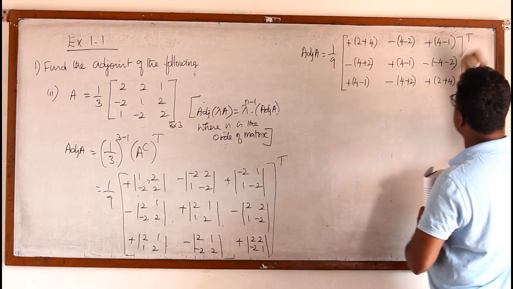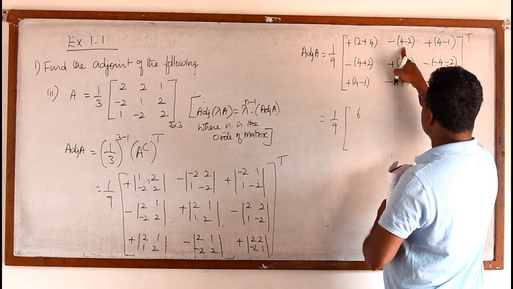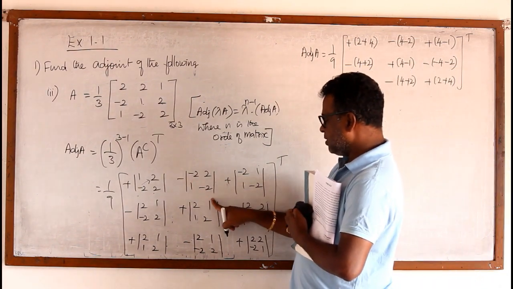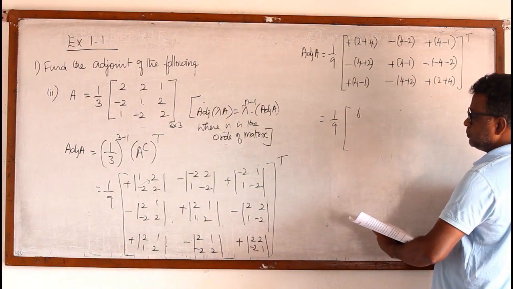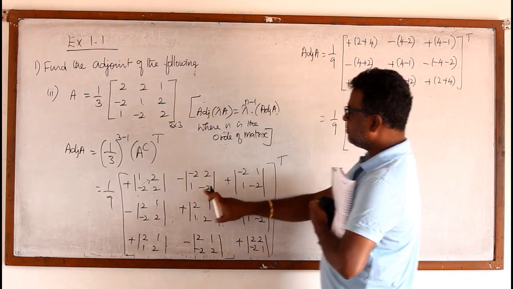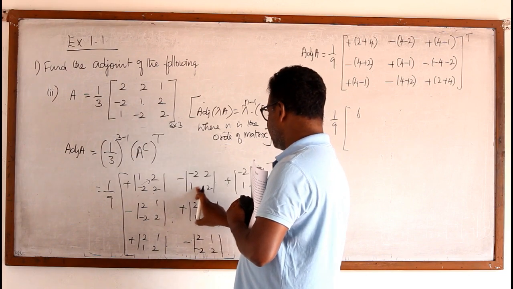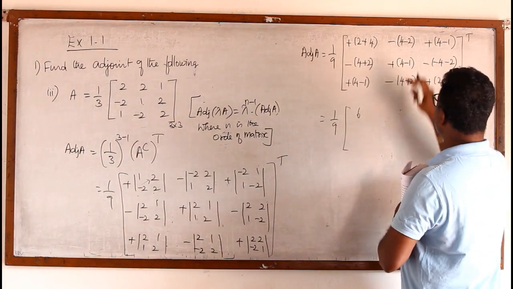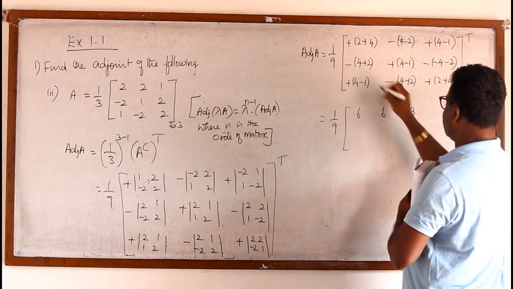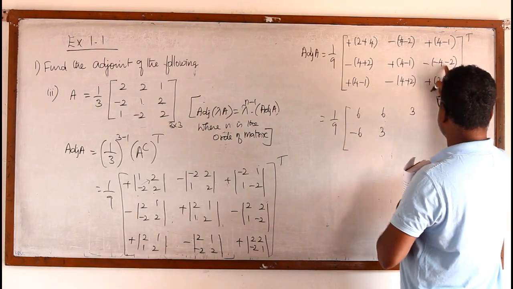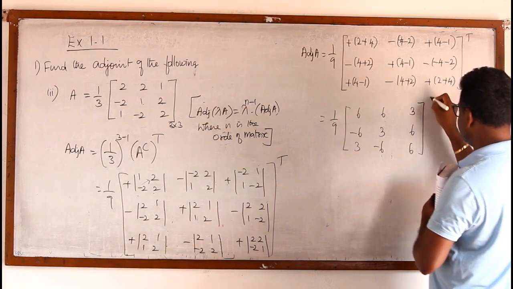The transpose. That is 1 by 9 into, it is plus 6, 4 minus 2. Check this error pattern. This one is minus 2, 2, 1, 2 only. So it is minus 4 minus 2, so minus 6, it will be plus 6. 4 minus 1 is 3. Minus 6, 3 minus 6, so plus 6. 3 minus 6, 6. The transpose.